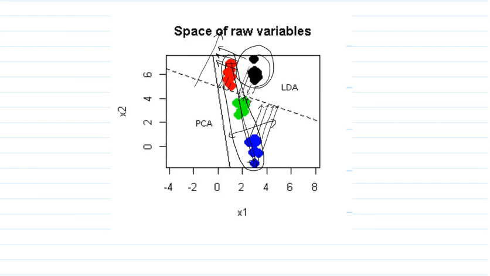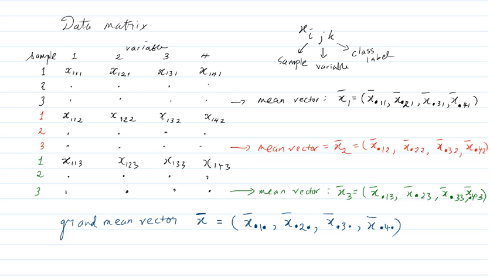Okay, so now we can go to some technicalities. The math is actually not very complicated. You have a data matrix which you can represent for the general observation using the notation xijk, where i indexes sample, j indexes variable, and k indexes the class label.